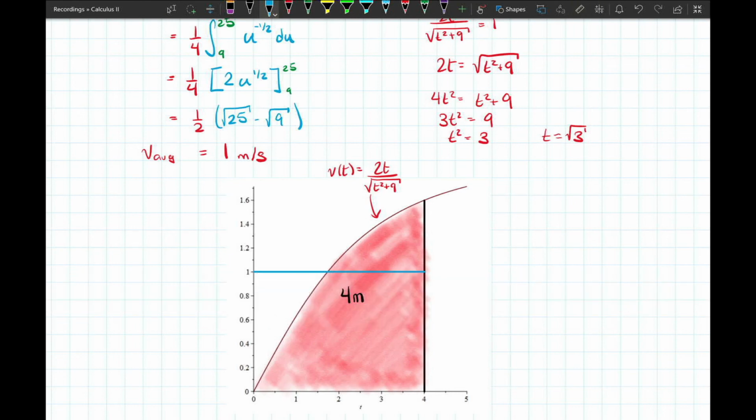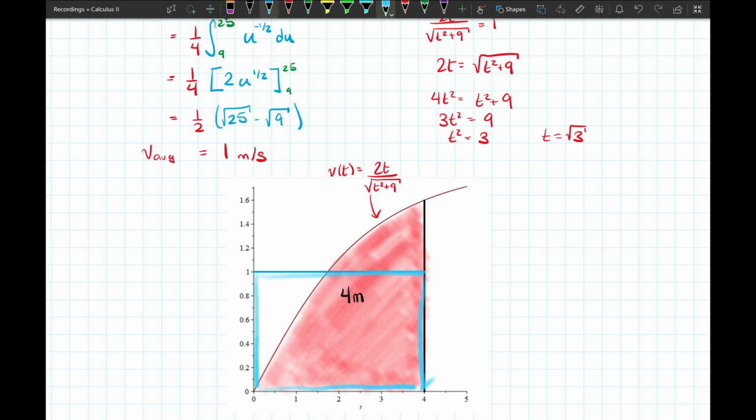And now, if you wanted to take a look at the area under that average velocity over the course of 4 seconds, we should see that this is simply a rectangle with a height of 1 and a width of 4. And that is also equal to 4 meters. So the area of the blue rectangle and the area of the red shaded area both correspond to the same displacement.